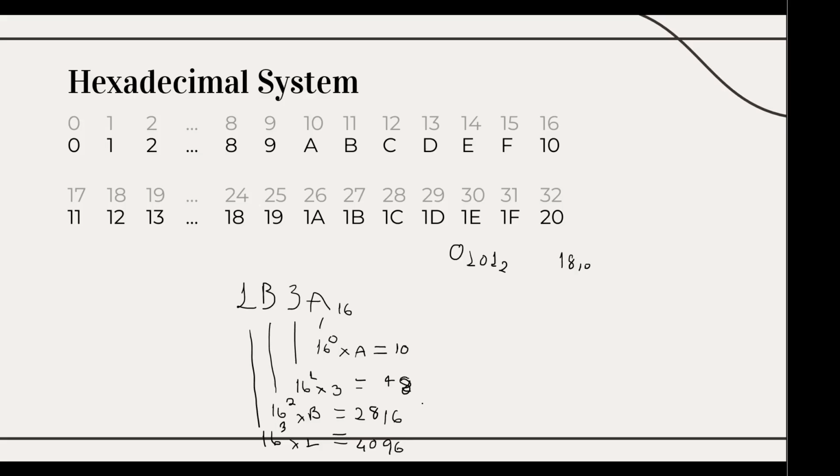If we sum up all these four numbers, we finally have 6,970. So this is a bigger number, difficult to actually convert into the decimal system.